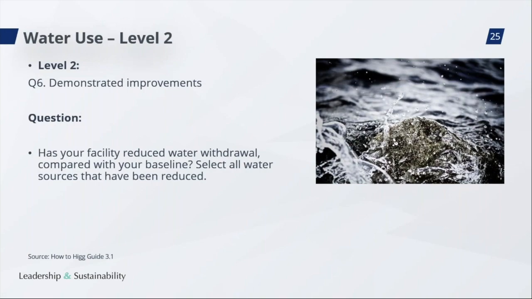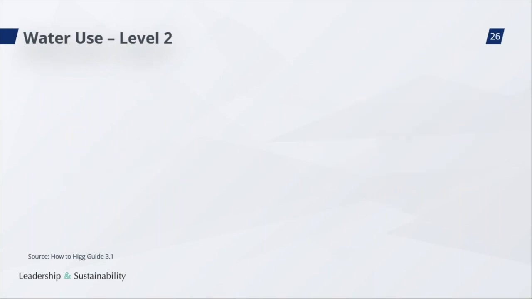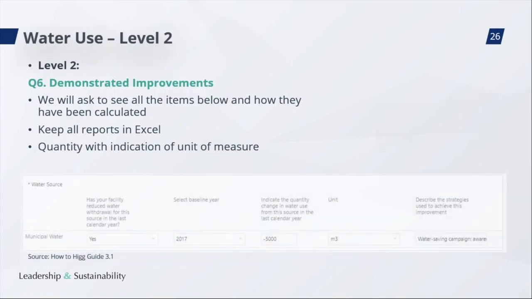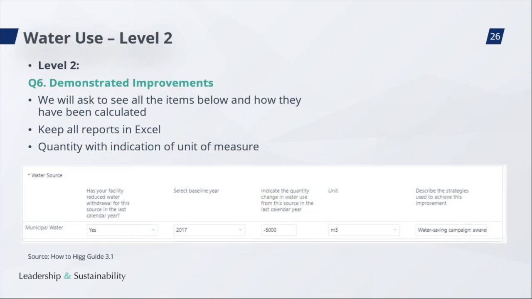And during the verification, we will ask to see all the items and also see how you have calculated. It's a good idea to keep all reports and all quantitative data in Excel year by year. You could keep the same Excel table and use several different tabs. And you can also see here an example of what it would look like in the tool online.